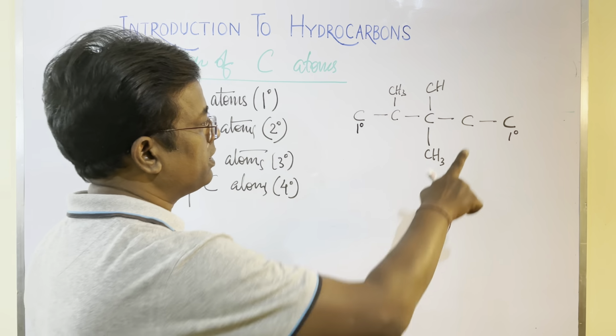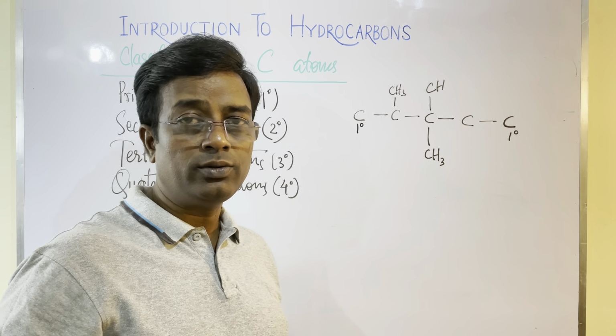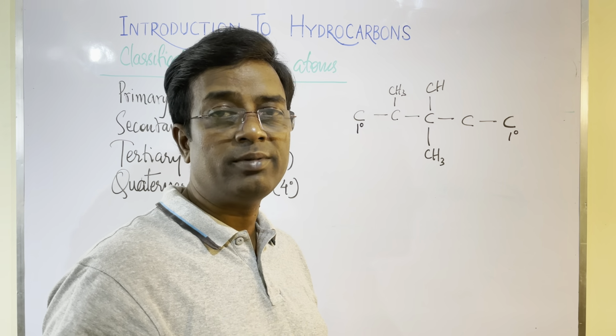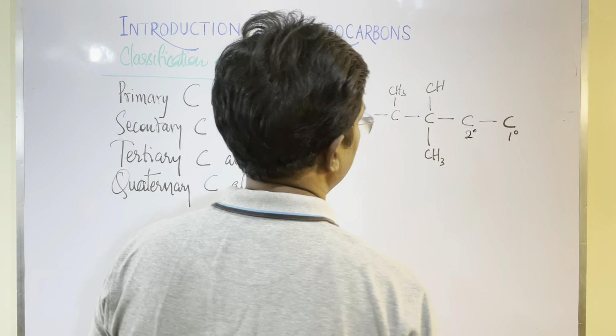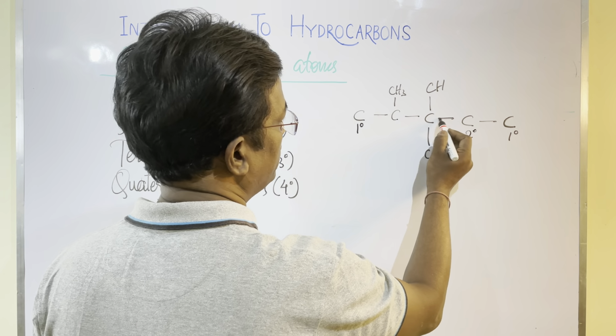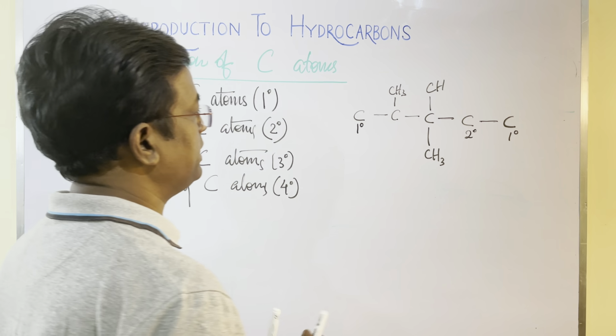Now, if a carbon atom is bonded to 2 other carbon atoms only, it is called a secondary carbon atom. Here this side bonded with this side, bonded with the other carbon atoms on the left and right.